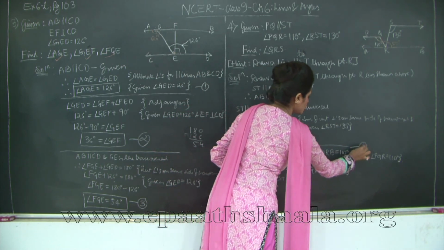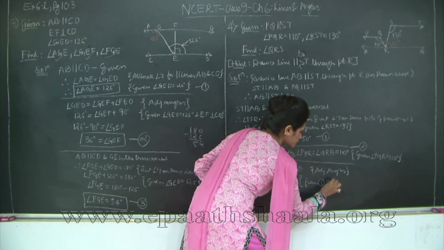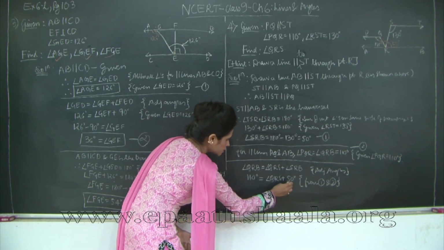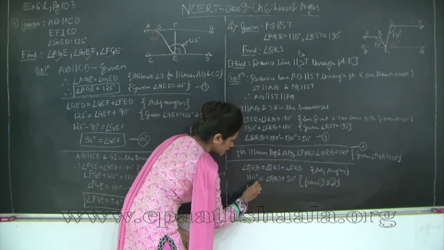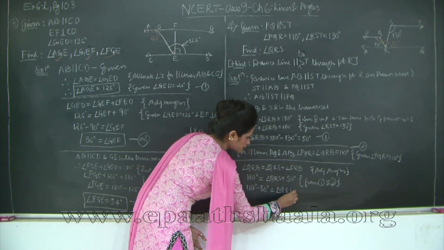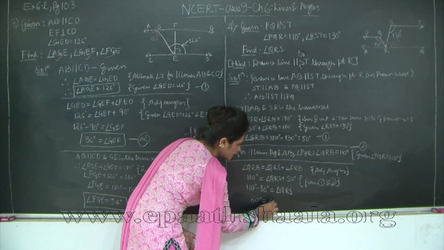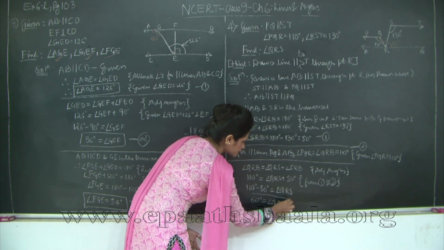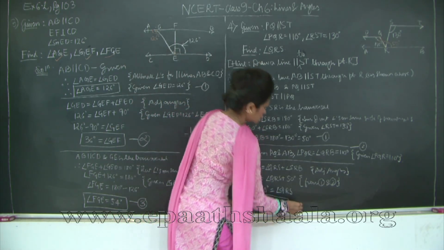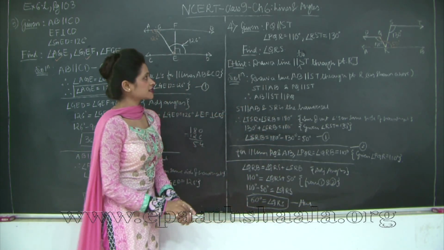Let's say this is equation 2 and this is equation 1. So from 1 and 2, let's do the normal calculation: shift 50 here. I get 110 degrees minus 50 is equal to angle QRS. So 110 minus 50 is 60 degrees, which is equal to angle QRS. So this is what we need to find. Answer: angle QRS is equal to 60 degrees.